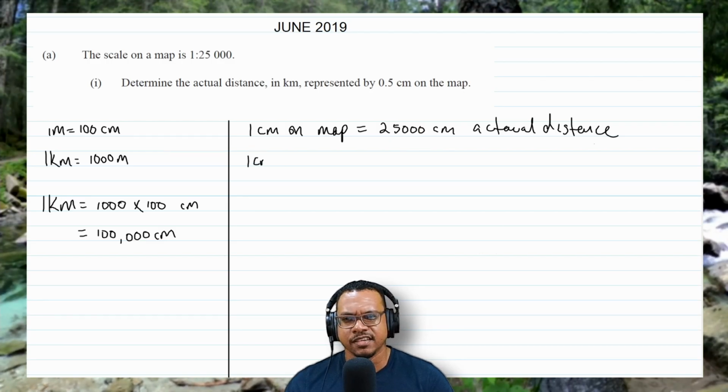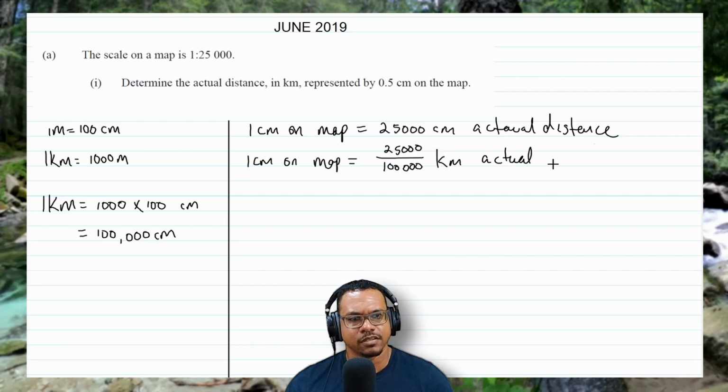So 1 cm on map is equal to 25,000 divided by the 100,000 kilometers actual distance. If you break this down, the zeros will cancel. So you end up with 25 over 100, which is just a quarter. So 1/4 kilometers actual distance.